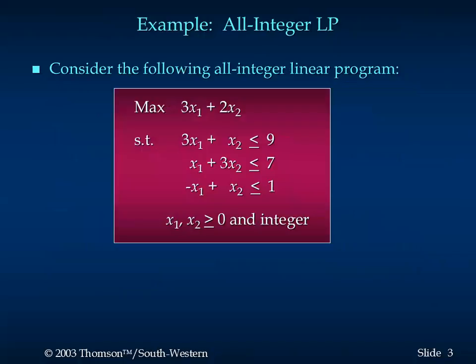Maximize 3x1 plus 2x2, subject to 3x1 plus x2 less than or equal to 9, x1 plus 3x2 less than or equal to 7, minus x1 plus x2 less than or equal to 1. Very simple problem. But what we require is that x1 and x2 are non-negative and integral, so we want integer values.